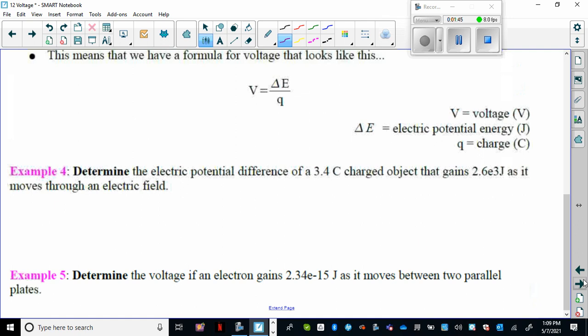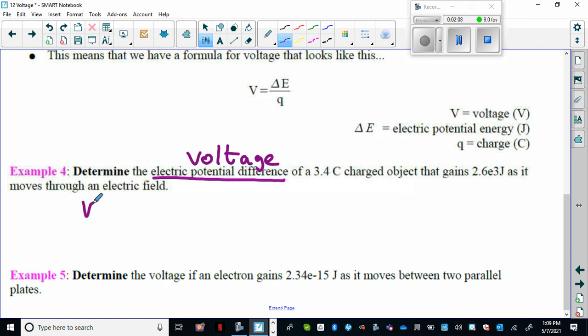Example 4 is just simply using the formula to determine the electric potential difference. What you have to know is that when it says determine the electric potential difference, it's really asking for the voltage of a 3.4 coulomb charged object that gains that much energy as it moves through an electric field.